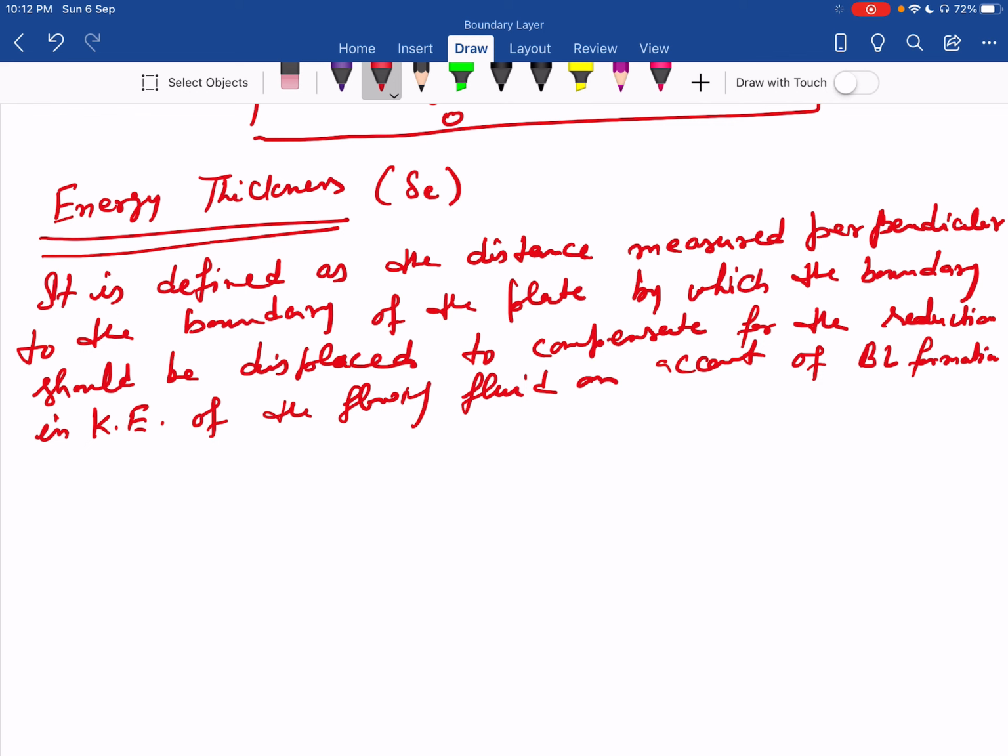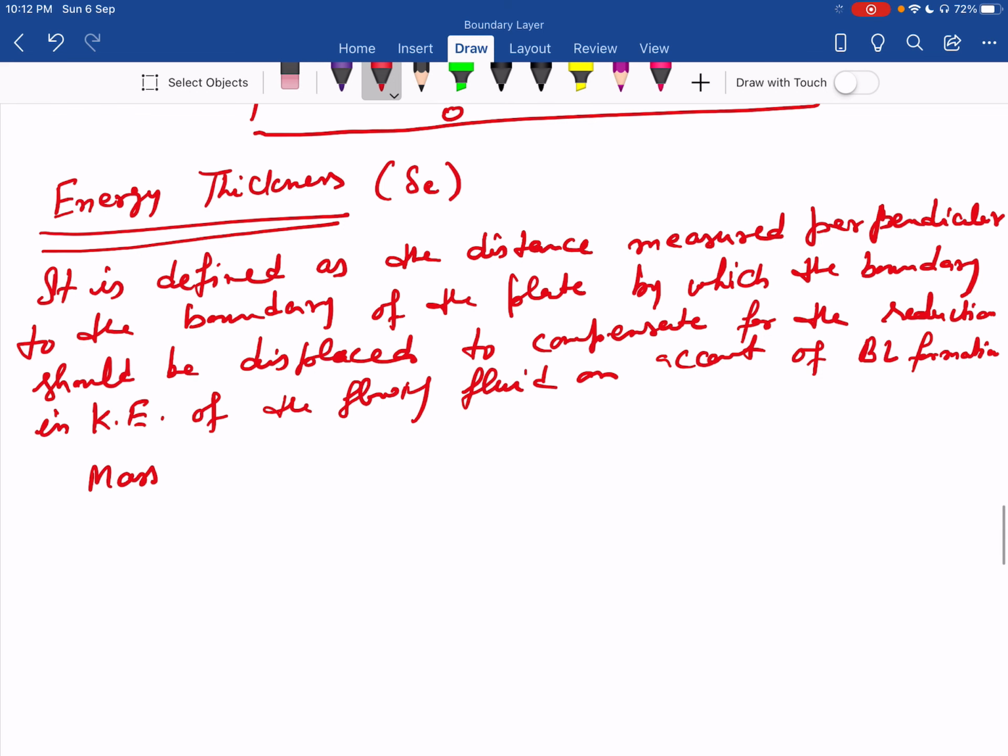Okay, so now I again write the mass flow rate through the strip. So that is rho u dy.